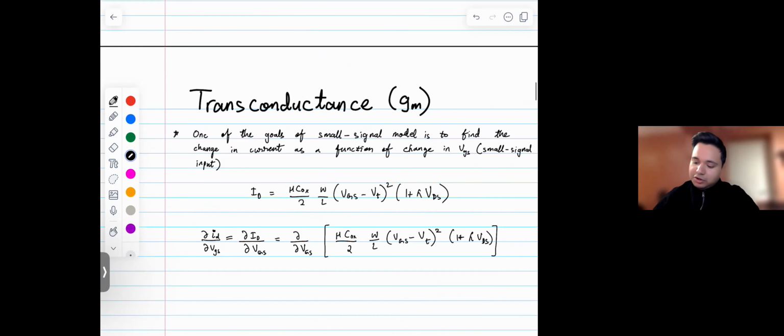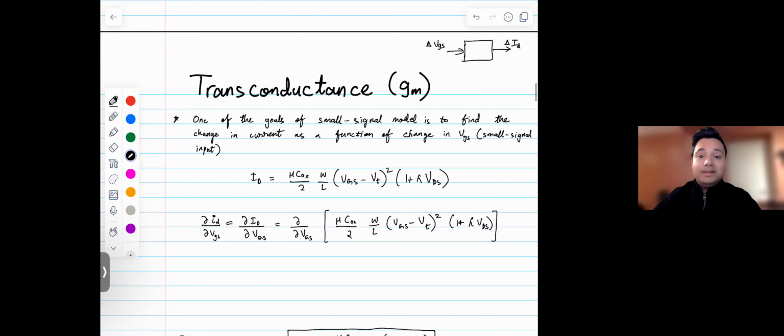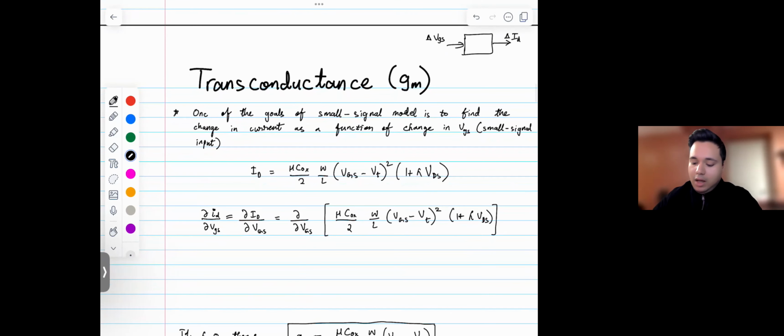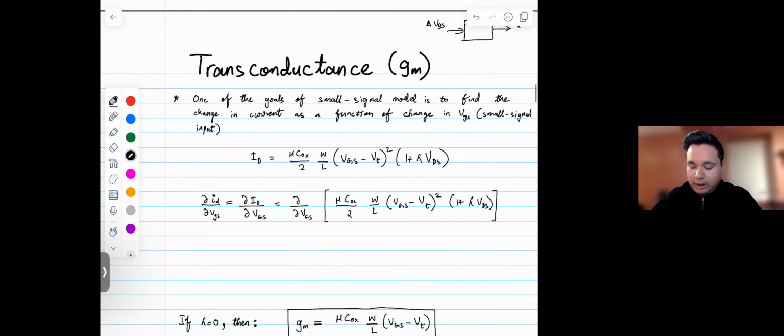If you think of a transistor as a black box that converts VGS at the input into ID at the output, what change, if we have a small signal change in VGS, how much will the drain current change? That's what we are concerned about when we discuss GM, or the transconductance of the transistor.